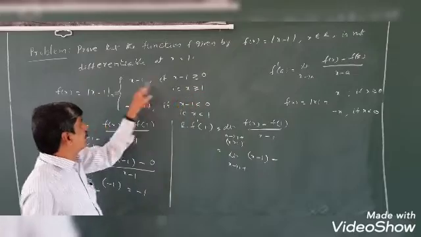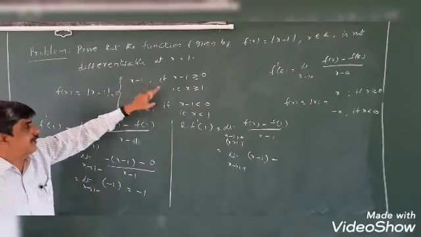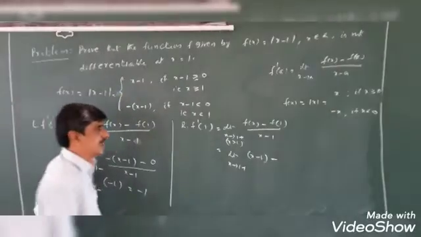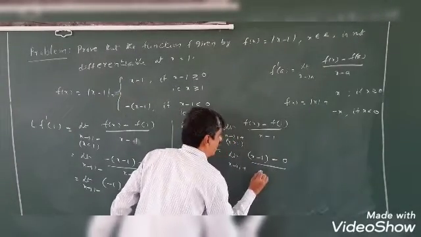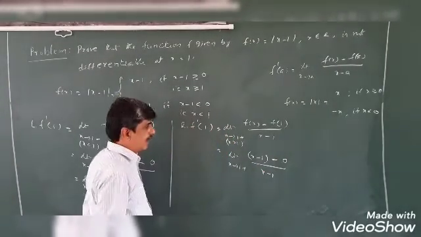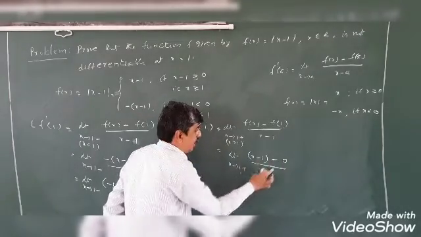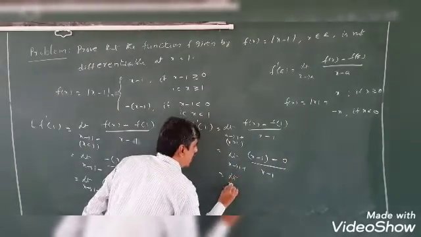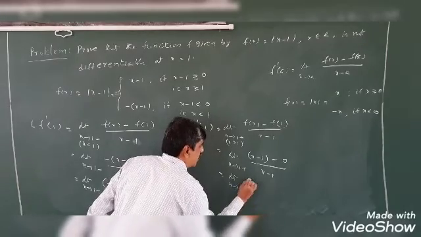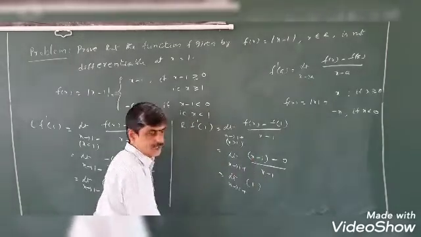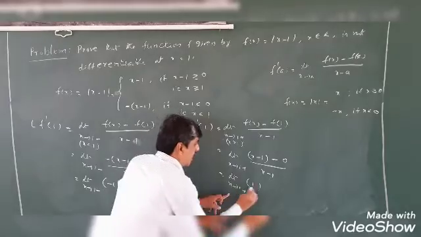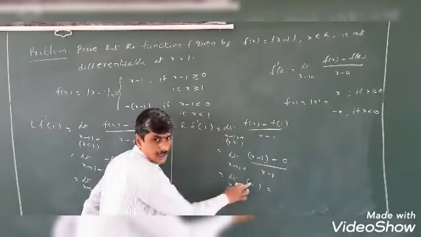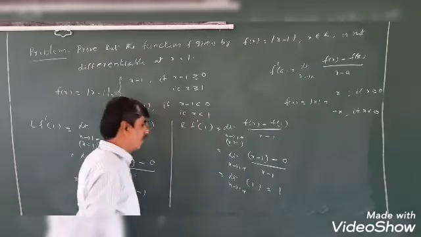At x is equal to 1, f of x is equal to x minus 1, so f of 1 is equal to 1 minus 1, which is 0, by x minus 1. So x minus 1 minus 0 by x minus 1 means x minus 1 by x minus 1, which is 1. To evaluate this limit, there is no x here. If x is there, we will write x is equal to 1 in its place. There is no x, so this limit value is 1.